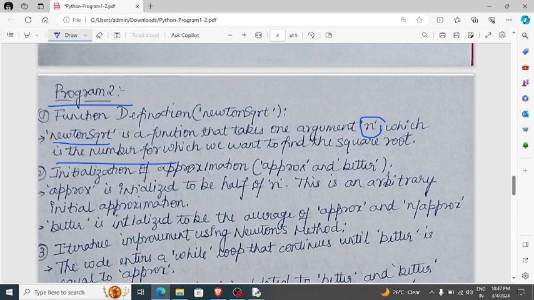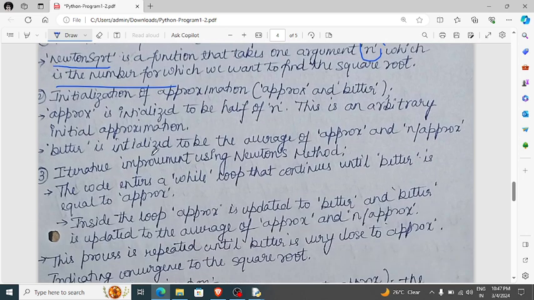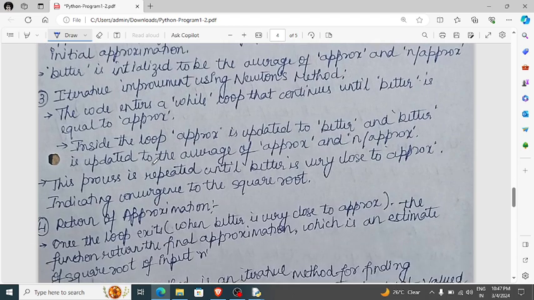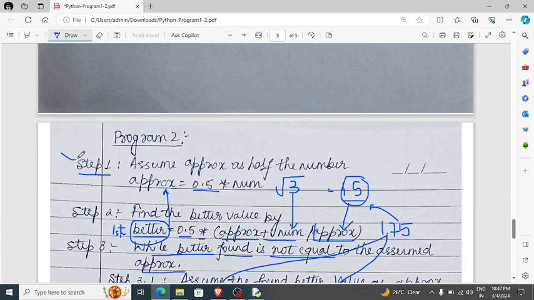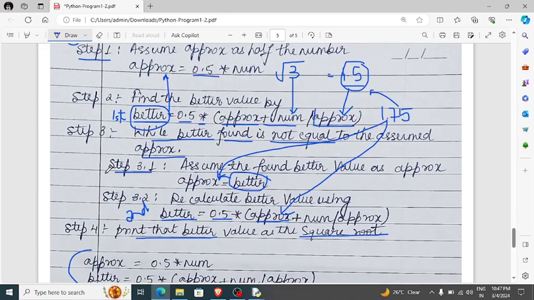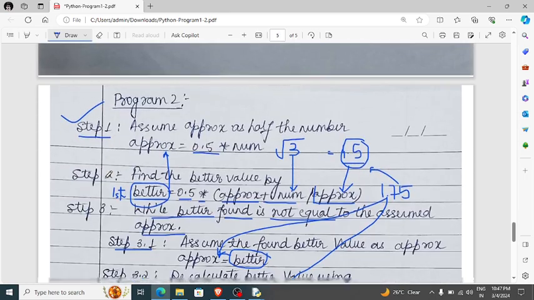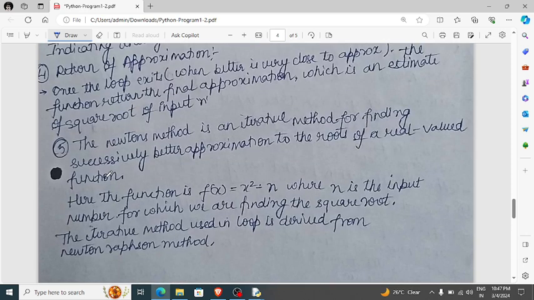Then I initialize the approximation. So step by step I've clearly explained it, and if you're finding it difficult to understand this, you can always refer to this particular explanation. This is also a valid explanation. I've tried to give the explanation in both forms. Here I've also written the type of function they are using.